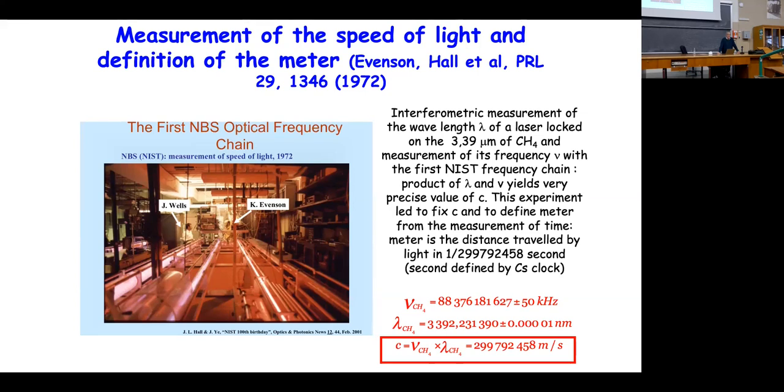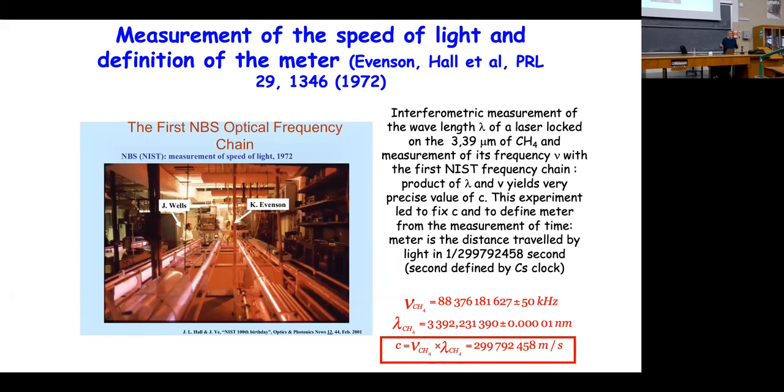So the metrologists then decided to change their philosophy and to admit this as the exact value of the velocity of light, and to define the meter as the distance traveled by light in a fraction of a second, which is 1 over this velocity. And this was a way to relate the meter to the second, being defined as a multiple of the period of a cesium clock.